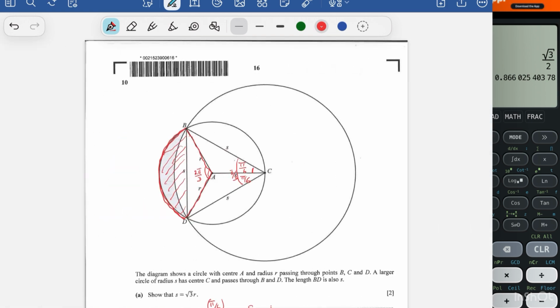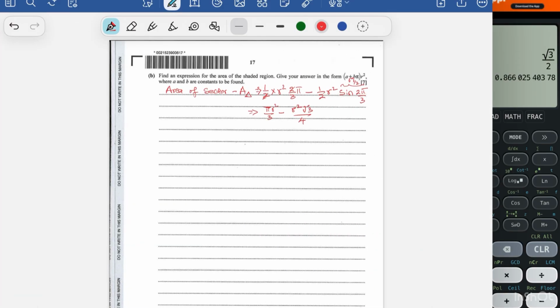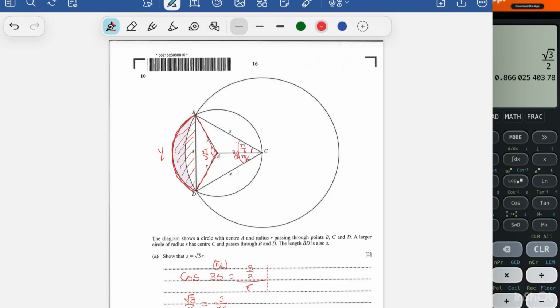Okay. Now the next thing, we need to find the area of, so let me write a y here. So BYD. Now I need to find this section, this green section, so that I can subtract to get the other part.